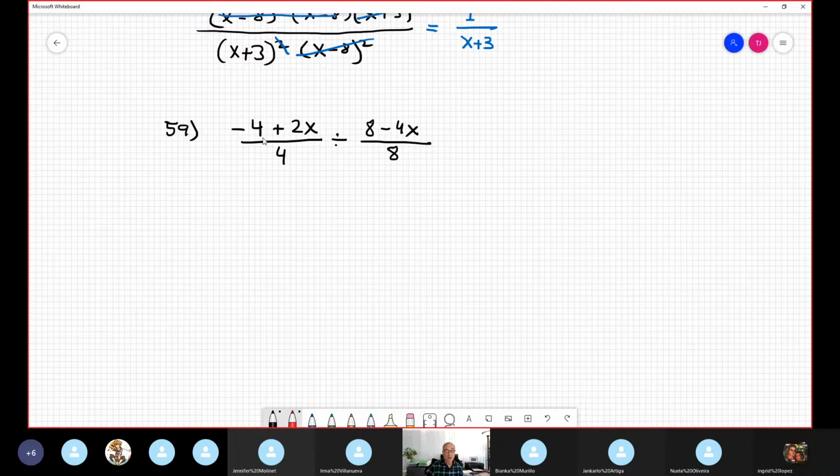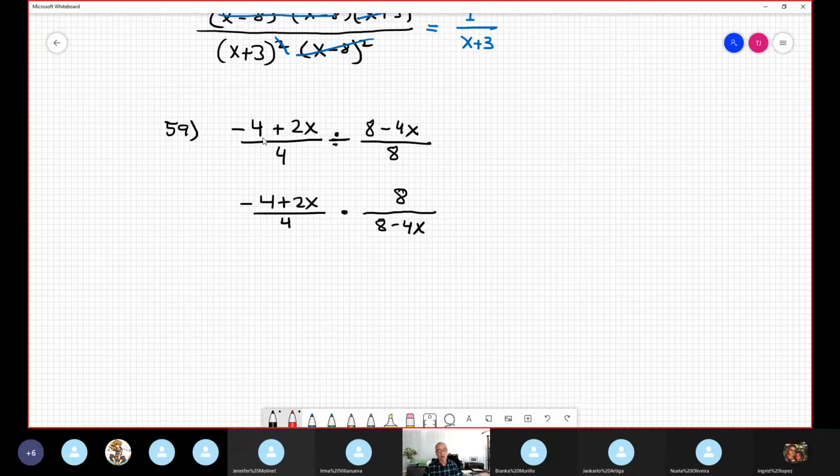Okay. In a division problem, the first thing you should do is flip it. So you copy the first fraction exactly the same. I don't touch it. And now you convert the division problem to a multiplication problem. How? Well, you flip the second fraction.